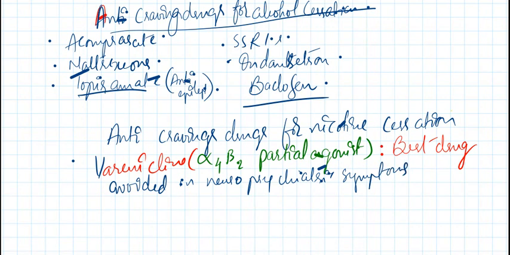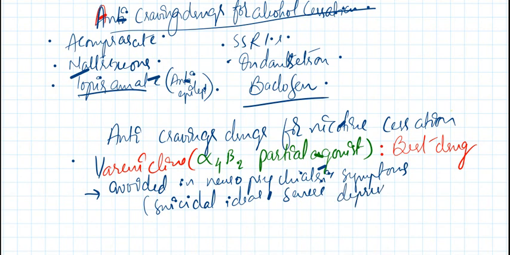What is meant by neuropsychiatric symptoms? Something like suicidal ideas. If the patient has suicidal ideas, or if the patient is in severe depression, these are all neuropsychiatric illnesses. So first one is varenicline.